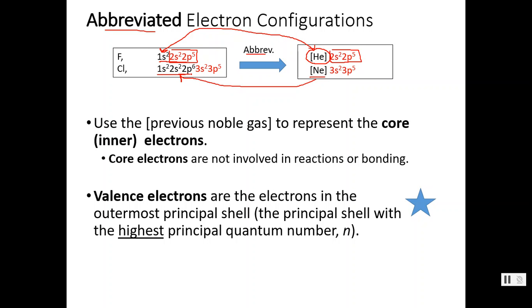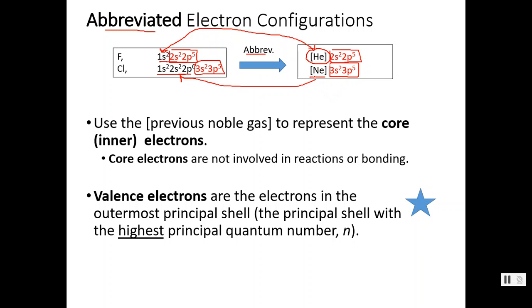Then the rest of the electron configuration is the same as in the full one, in this case 3s2, 3p5. So in abbreviated electron configurations, we use the symbol for the previous noble gas first, in brackets, and then the rest is the same.